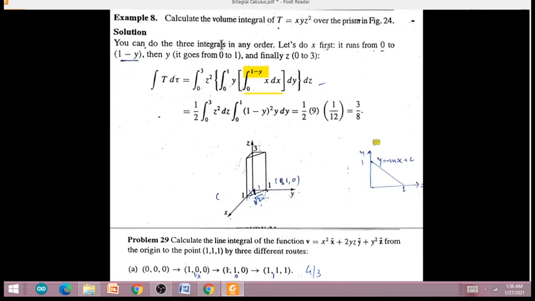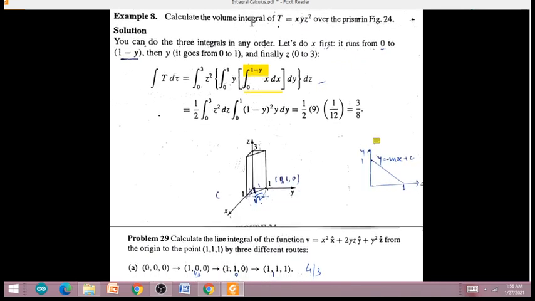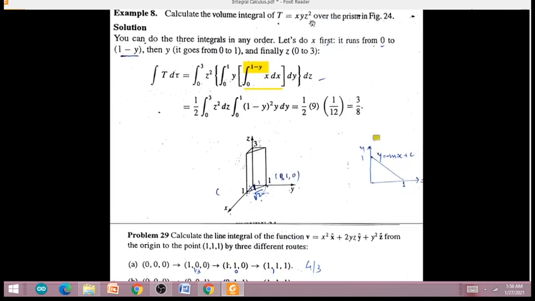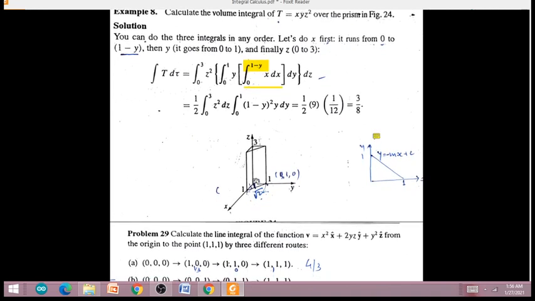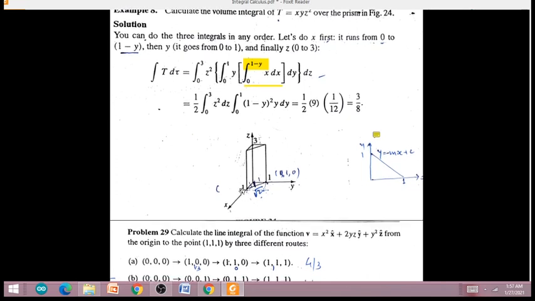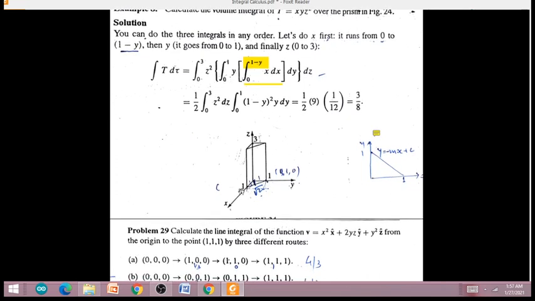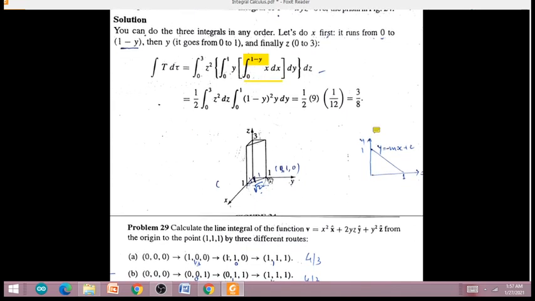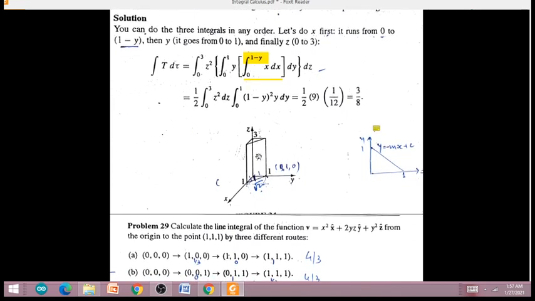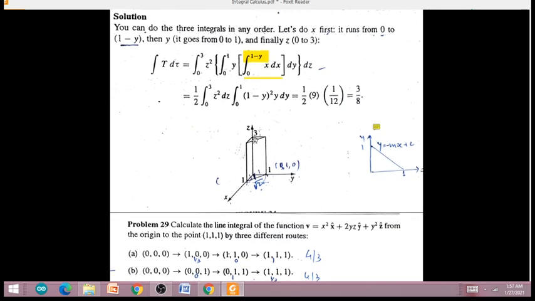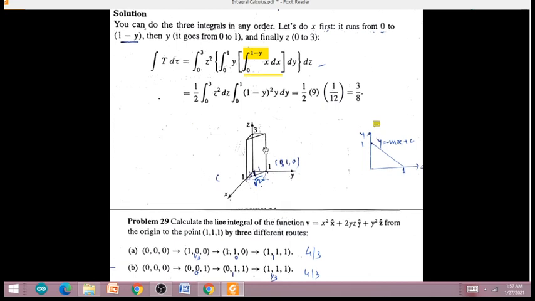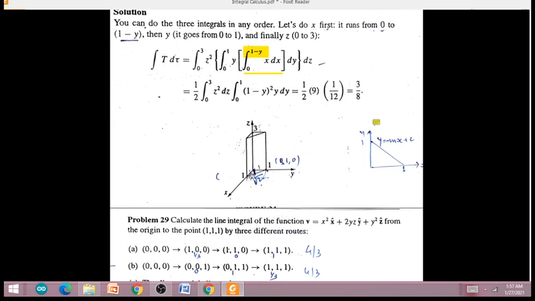This example says calculate the volume integral, that is t equal to x y z square, over a prism. This is a prism, cutting the x-axis at 1, cutting the y-axis at 1, and the height of the prism is 3, and therefore you can write it over here.